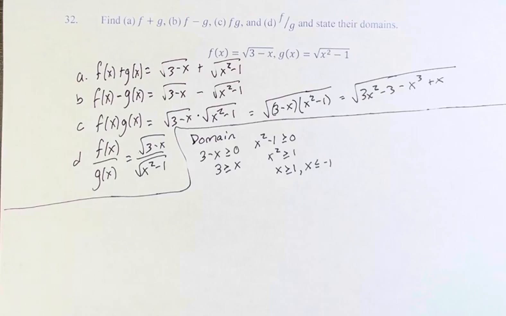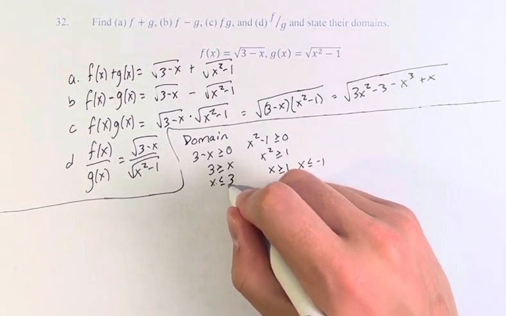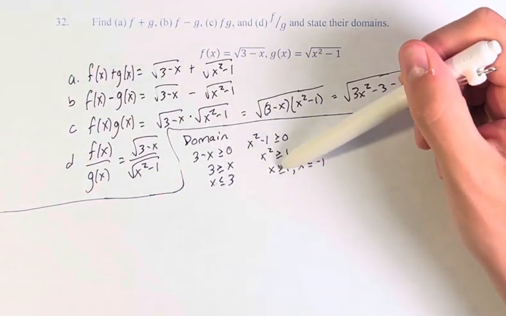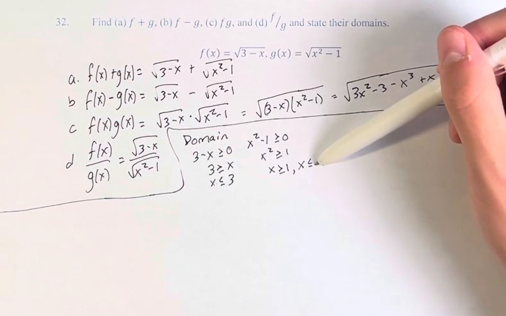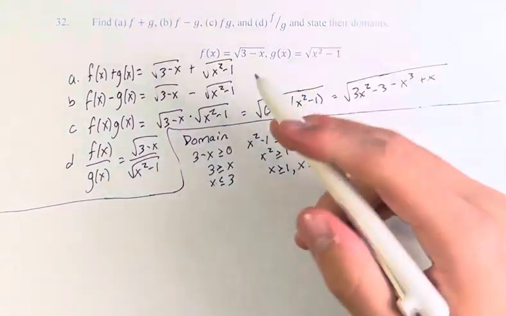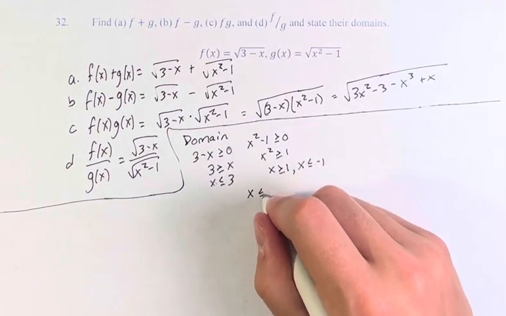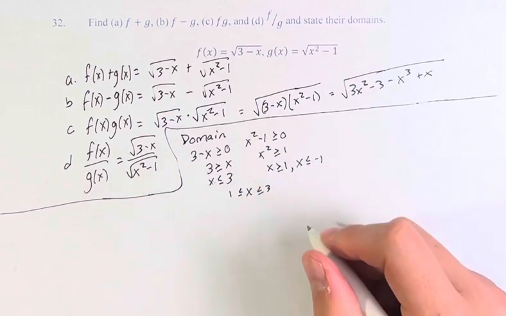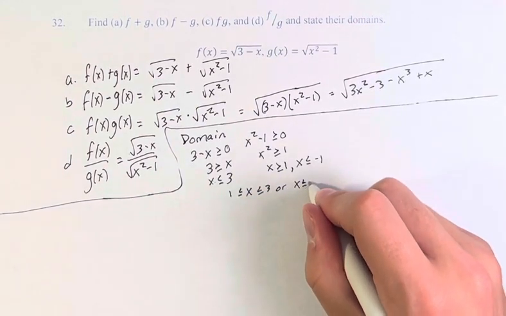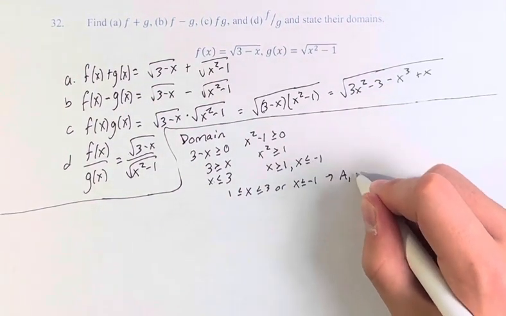What is the overlap of these things? x can either be greater than or equal to 1 or less than or equal to negative 1, but it also has to be less than or equal to 3. So x can be less than or equal to 3 and greater than or equal to 1, or x can be less than or equal to negative 1. And this is the domain for a and b.